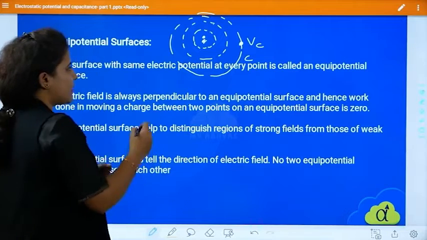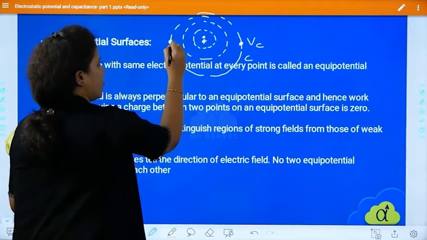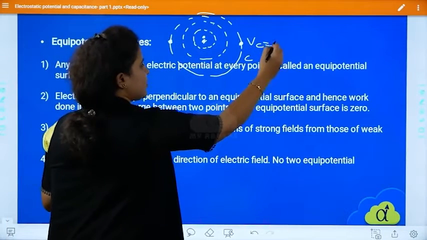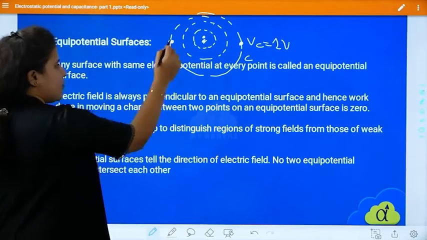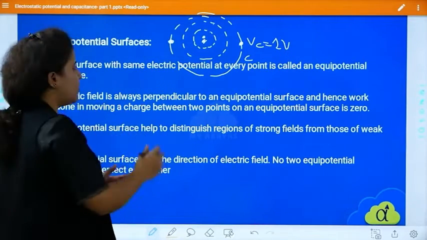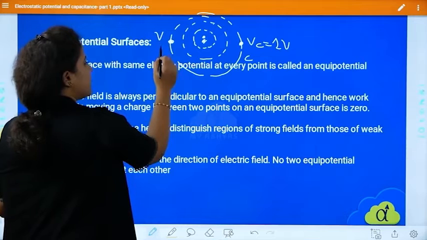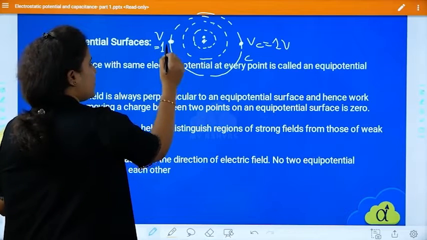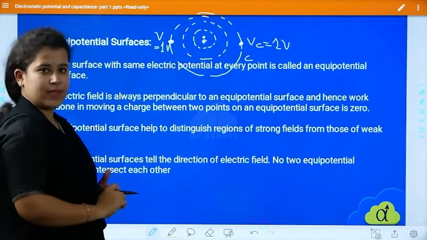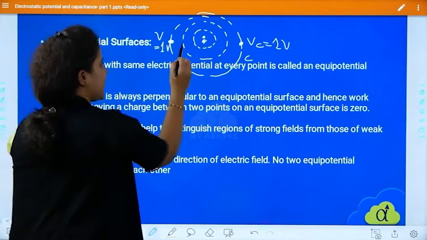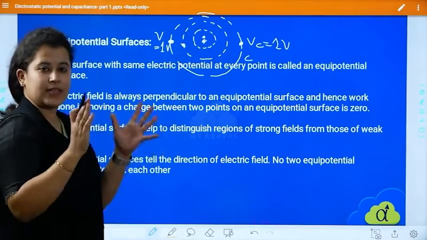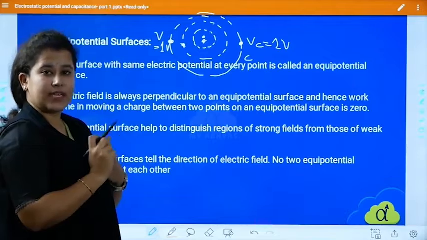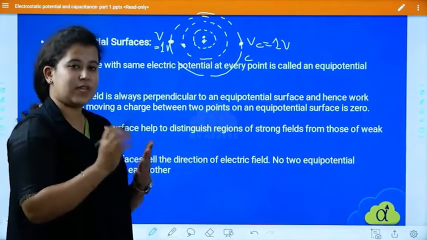Okay, moving on to the next. Here I'll take another point. If this is 1 volt, then here also what happens? Because of the charge Q, the voltage will be the same, that is again 1 volt itself. But it won't be the same on this other surface because here the distance is decreasing.